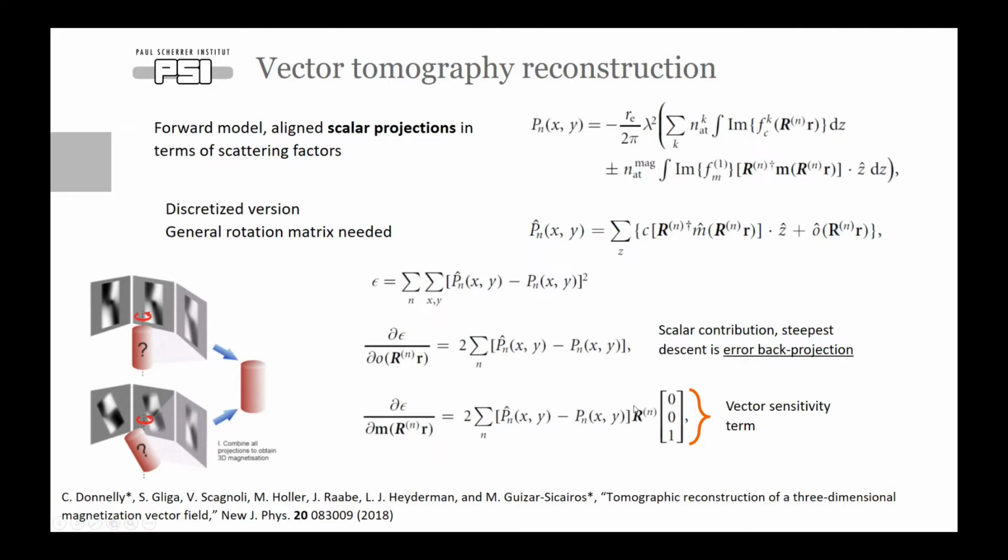For example, if the orientation is just 0 degrees, that means your rotation matrix is the identity matrix, and that means only the Z component, the 001, is going to be updated because only the Z component was contributing in this 0 direction. When you rotate to 90, then it's the X component, etc.